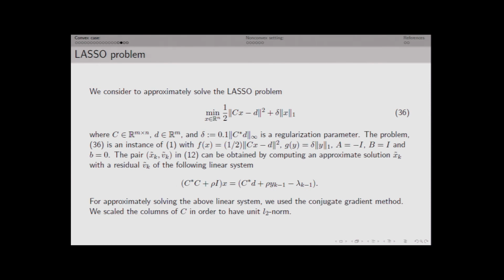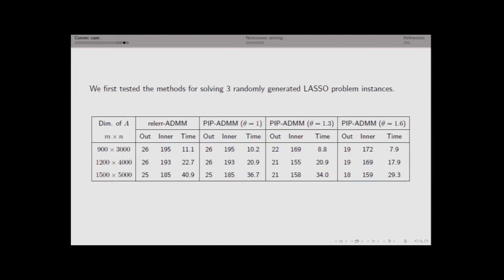So we just tested some lasso problems. We solve the subproblem using the conjugate gradient method and using these relative error criteria. So the first and second columns here, as I told, for example, this one is the Eckstein method. This one is our approach. And as you see, the outer and the inner are exactly the same, and it's not just here, in all of the numerical experiments this happens.